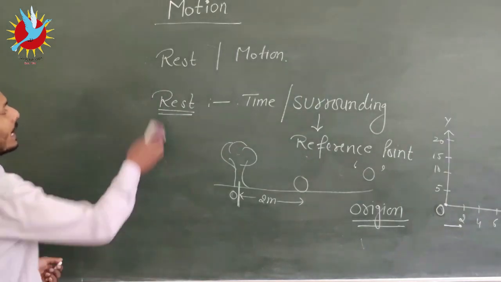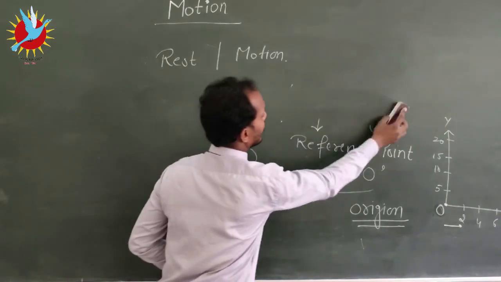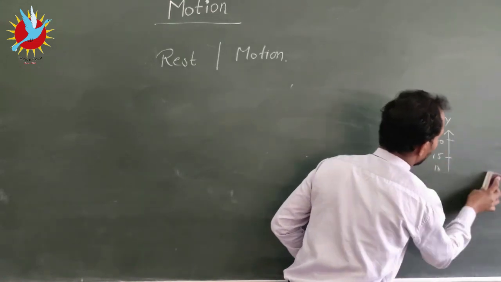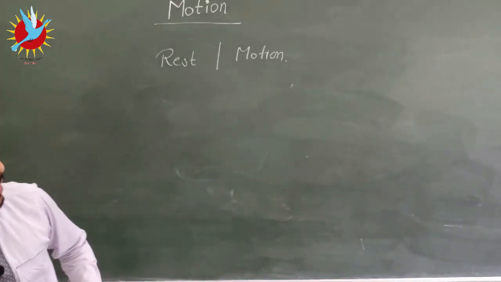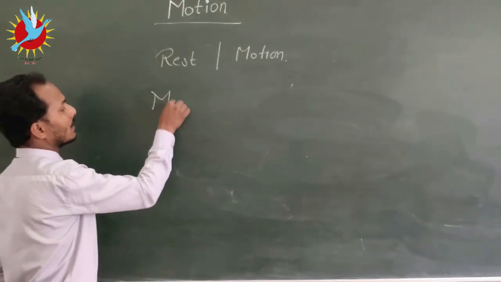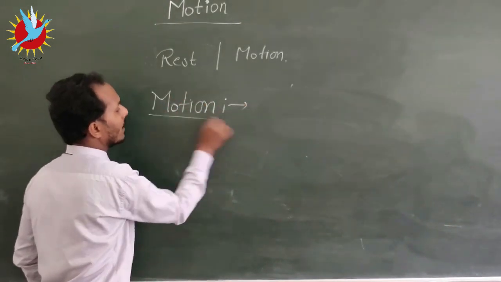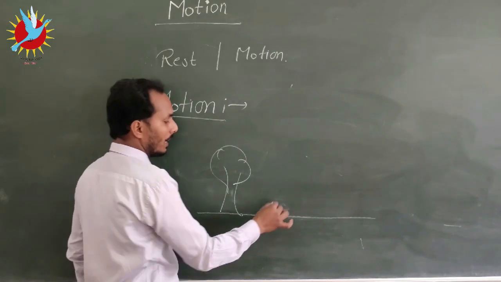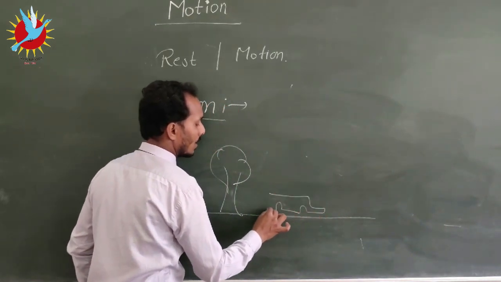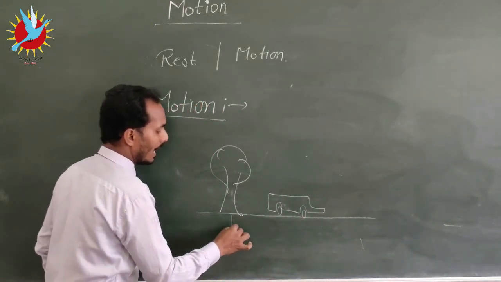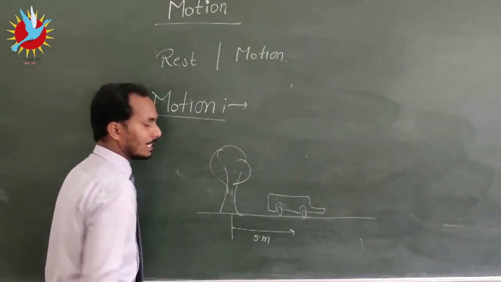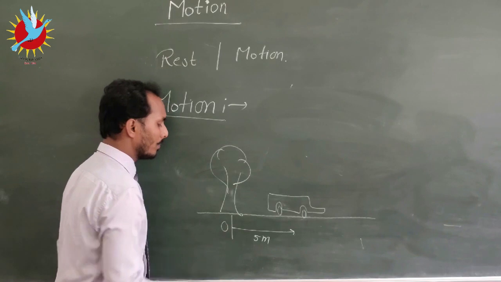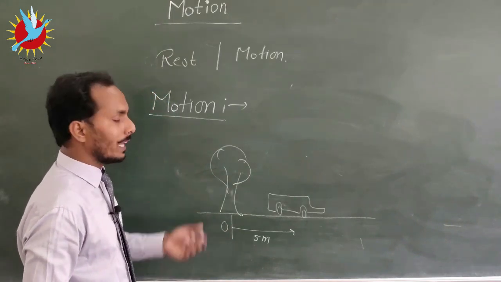And how do we define the term motion? Suppose there is a tree and a car is at a distance of 5 meter from the origin, from the reference point, from the tree, from the surrounding.